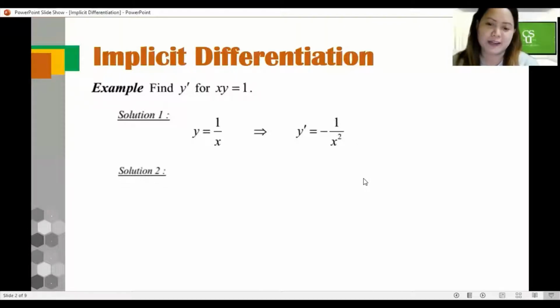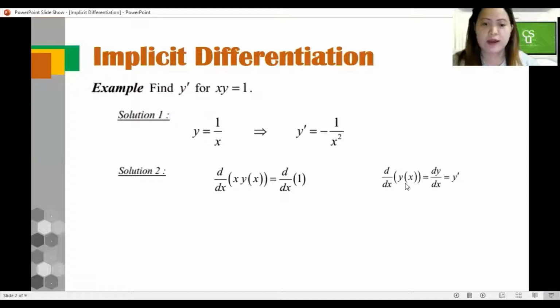For our next solution, we take the derivative of x times y, where y is in terms of the variable x. That is the derivative of these two with respect to x, equal to the derivative of 1 with respect to x.